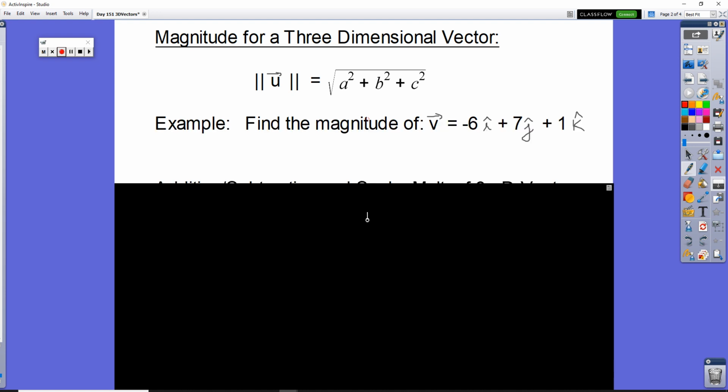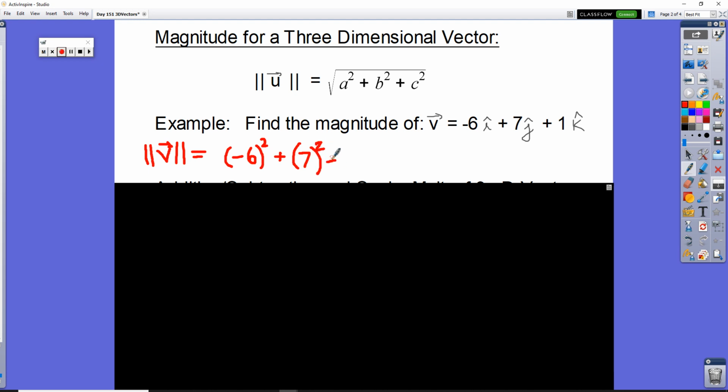So let's work on an example. If somebody asked you to find the magnitude of vector v, first of all, the symbol for that would look like this. So you're going to have vector v inside of what looks like a double set of absolute value signs. And so what we're going to do is take -6, that is our x component, and square it. We're going to take the 7, which is the y component, and square it.